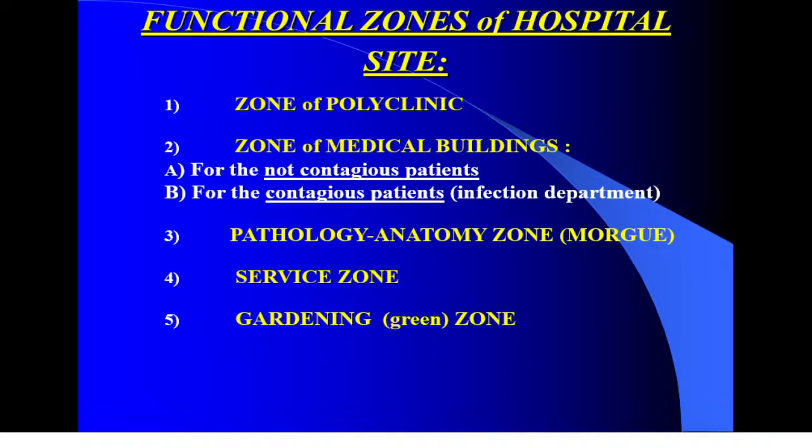And now we should discuss the question of functional zoning of the hospital site. Usually our hospital sites consist of 5 functional zones. First, the zone of the polyclinic, more correctly when this zone is separate from the main building and has a separate individual entrance.